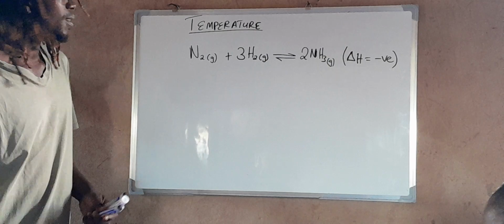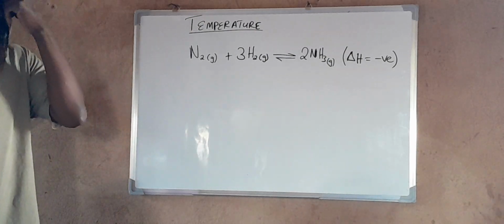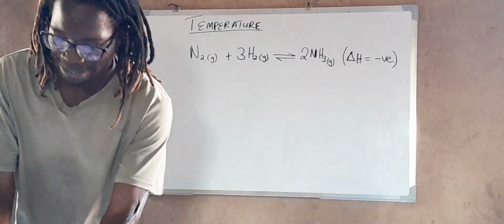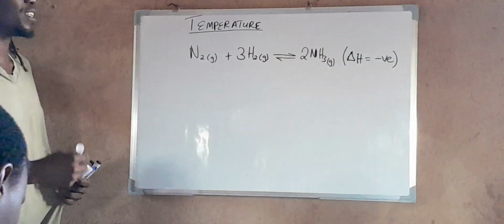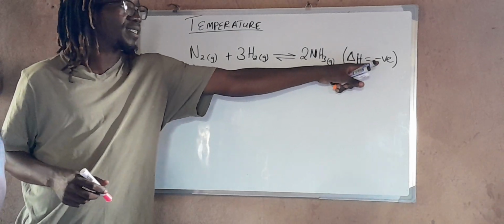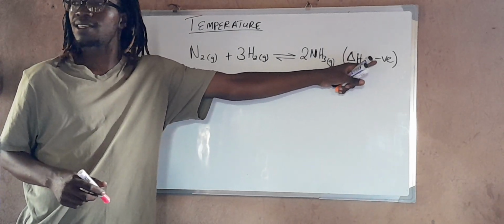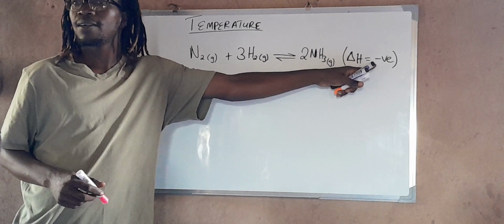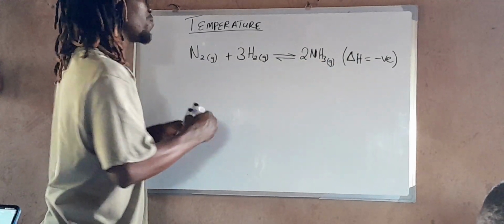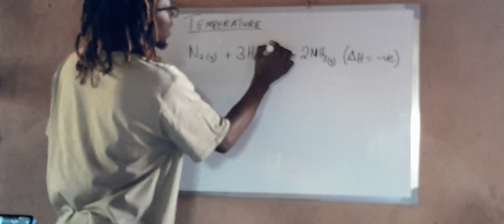So, what does this mean? If they give you something like this, what they're automatically telling you is that this is an exothermic reaction. So the forward reaction is exothermic.